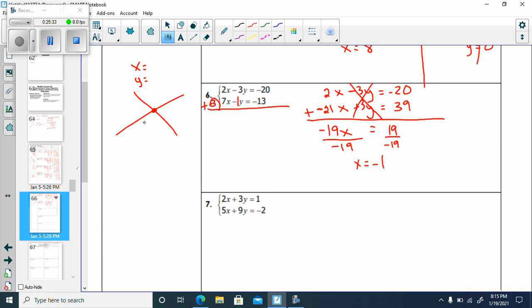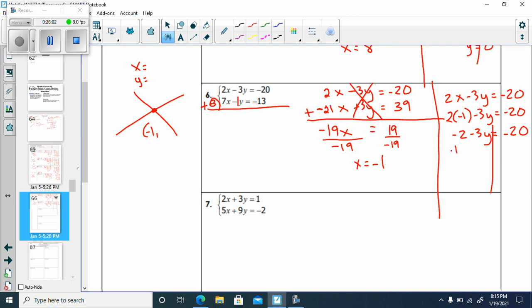Where does this intercept? It intersects at negative 1. Let's find the y. 2x minus 3y is equal to negative 20. My x is negative 1. 2 times negative 1 minus 3y equals negative 20. That is negative 2 minus 3y equals negative 20.